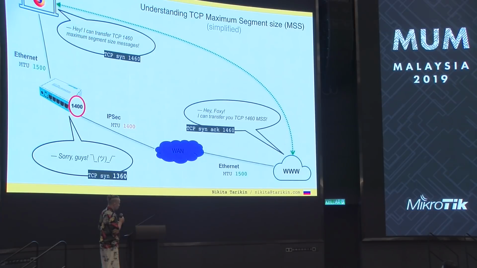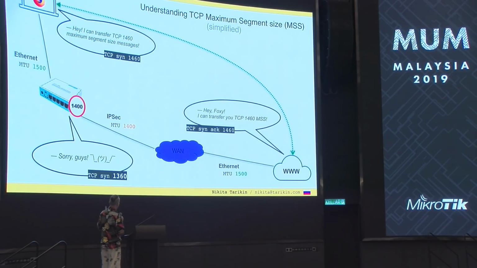How to avoid fragmentation here is to reduce the TCP SYN. TCP SYN is a TCP flag. TCP clients can negotiate maximum segment size using this TCP flag.